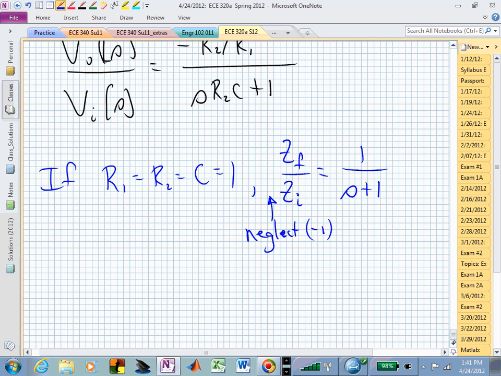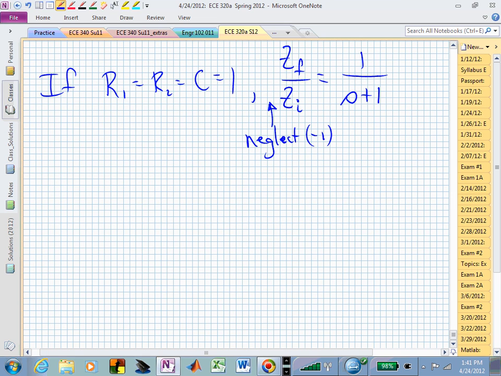And if anybody misses that frequency response on the final, they may fail the course. This is now H of j omega, if I want the frequency response.